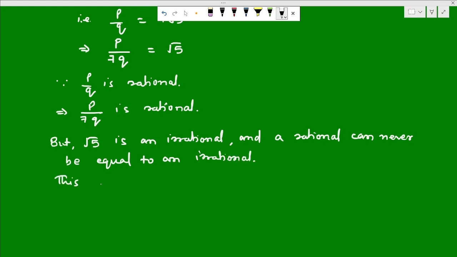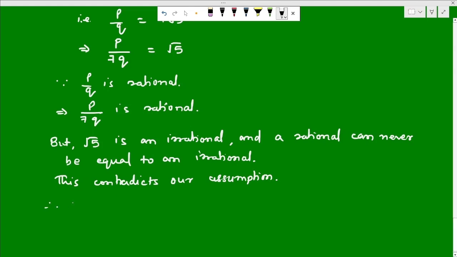This contradicts our assumption. Therefore, 7 root 5 is irrational. Proved. It was simple. You'll have to try by yourself, practice by yourself.